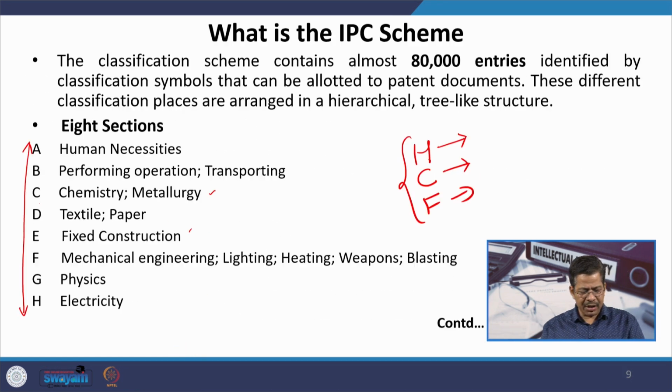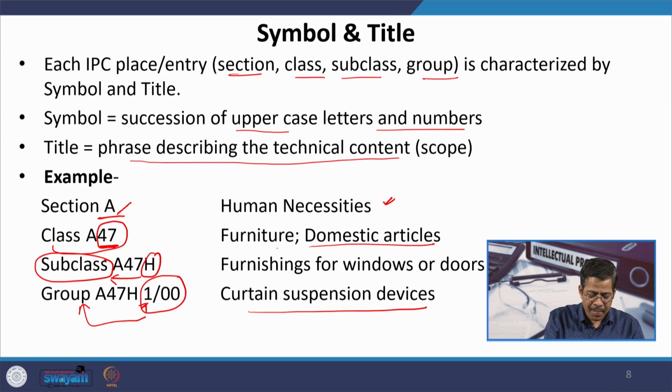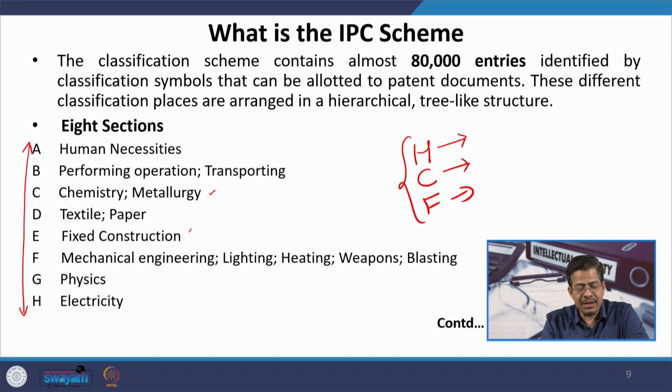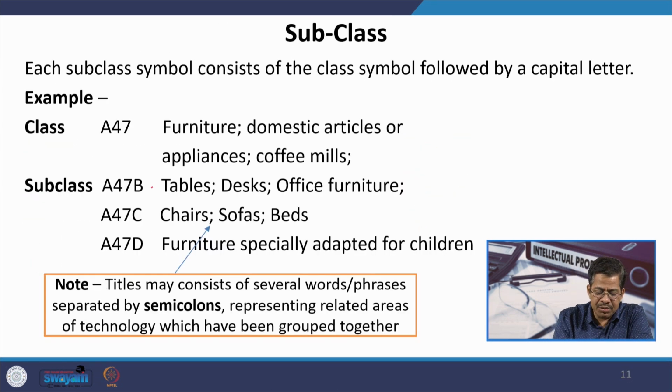After that, you remember we had subclass, that H, if you remember A47H, where we discussed that H means it is a furnishing for windows or doors, and this is now leading us to different types of subclasses like A47B, 47C, 47D.